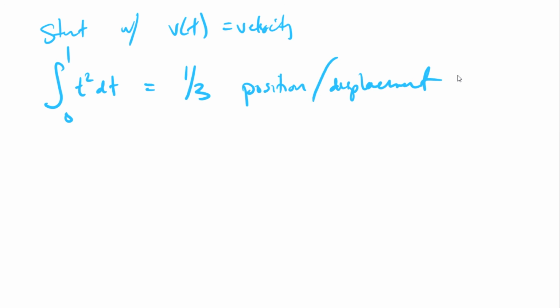Okay, so this is the opposite process of differentiation, right? We've undone differentiation. Differentiation goes this way. Differentiation would say, you started with the position, tell me what the velocity is, but we started with velocity and we figured out position. So derivatives go this way.